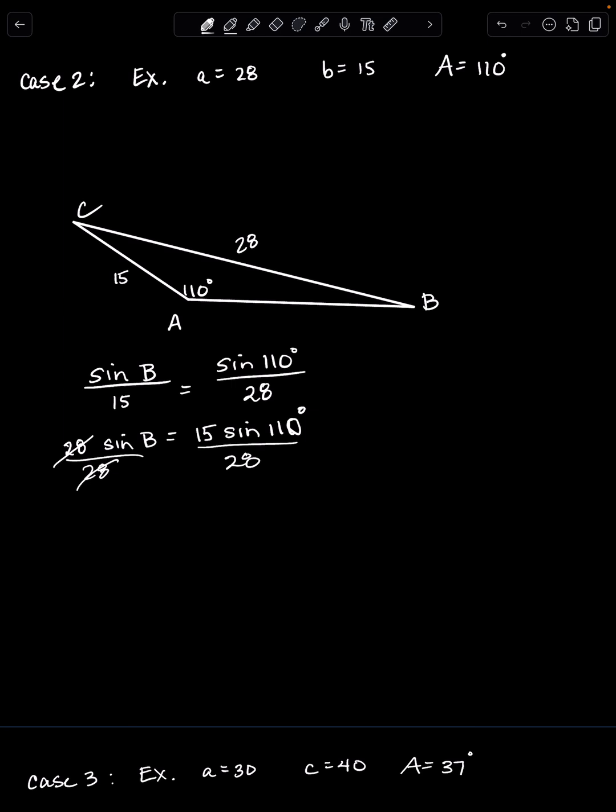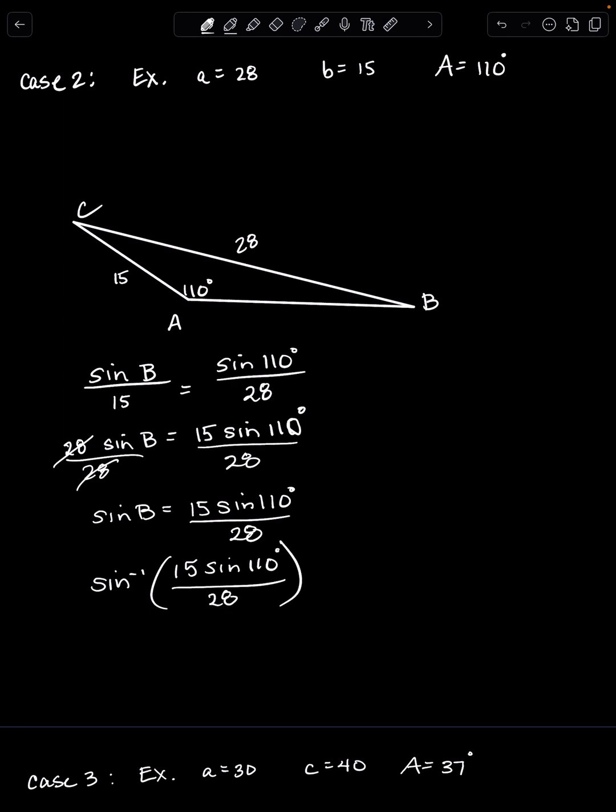Okay, I'm going to get the sine of B equals 15 times the sine of 110 over 28, which means I'm going to take the inverse of that to find what this angle is. All right, when I punch that in my calculator, I see that angle B is approximately 30 degrees.